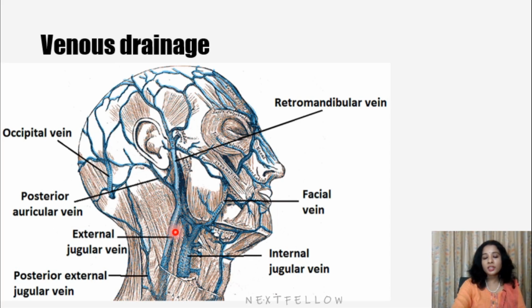The posterior division of the retromandibular vein joins with the posterior auricular vein, we can see, and forms the external jugular vein. So most of the gland drains into the external jugular vein. The anterior division of the retromandibular vein, we can see, is joining with the facial to form the common facial.